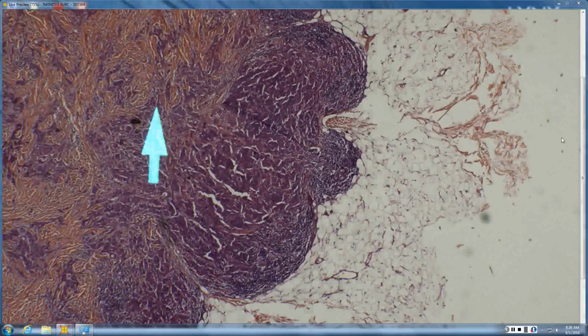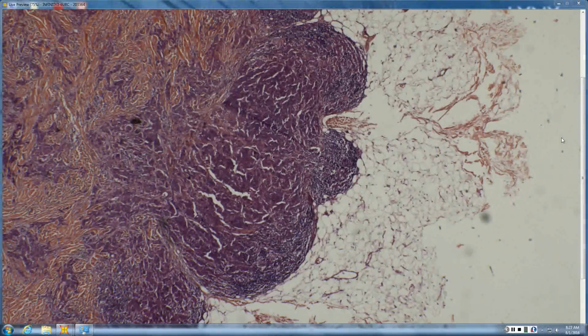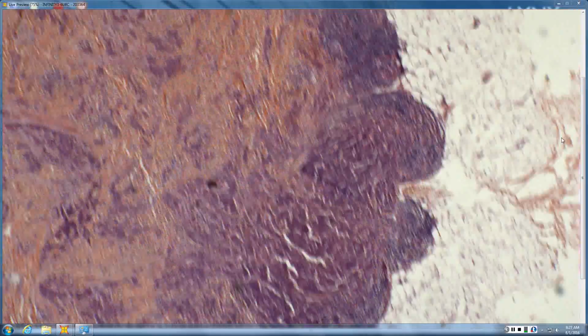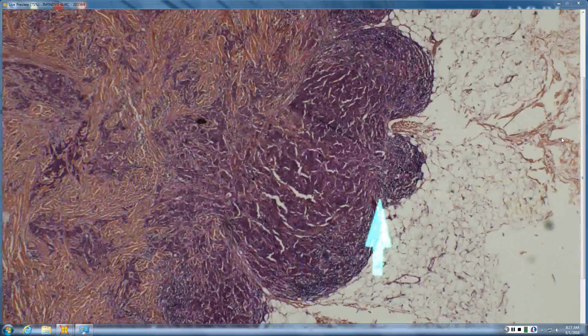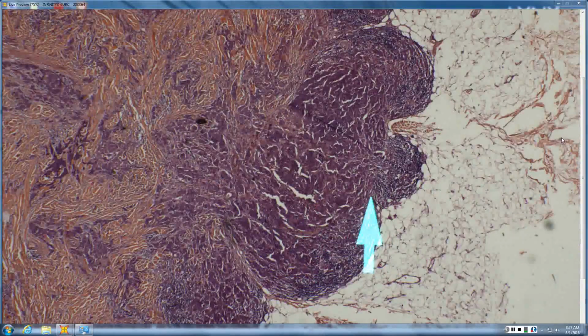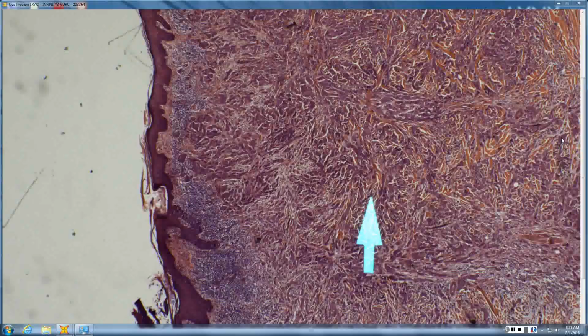Bowen's would not produce an adenocarcinoma, so you wouldn't have mucicarmine positive ducts in it. And in terms of behavior, this is going to behave with metastasis like an adenocarcinoma that's pretty big and deep, so it is definitely going to be different from basal in terms of metastatic risk.